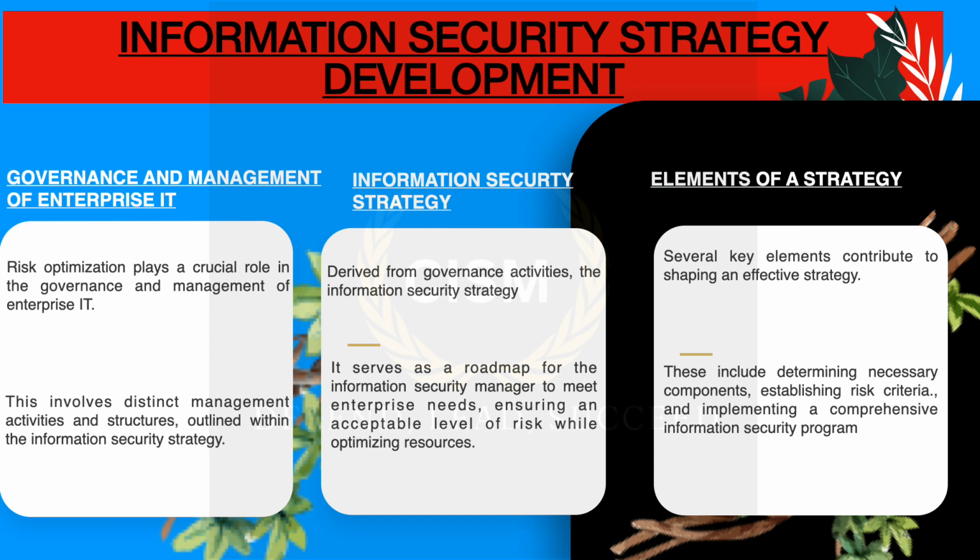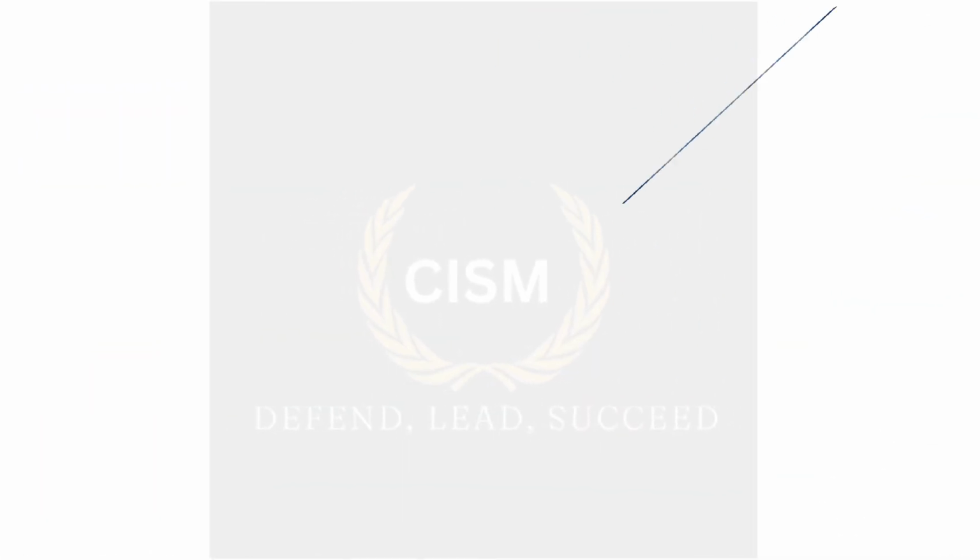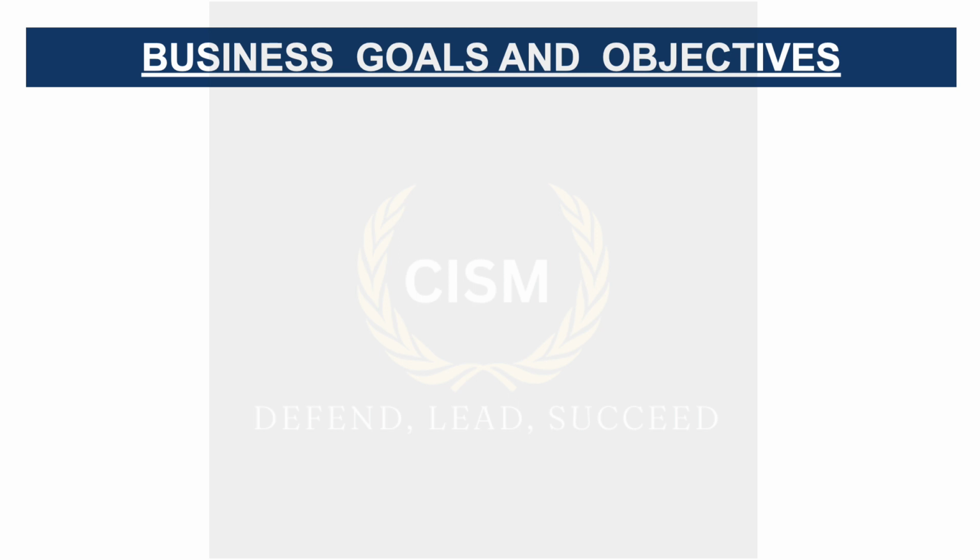Friends, by determining these elements, the strategy not only addresses current challenges but also forms a robust framework for the ongoing management and enhancement of information security within the organizations. Moving to the next slide. Next, we'll discuss the business goals and objectives.